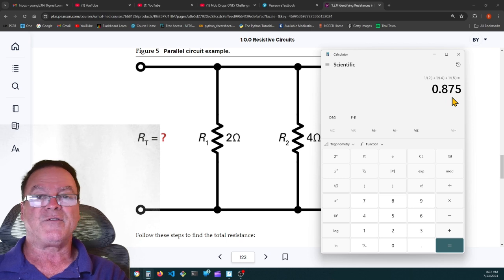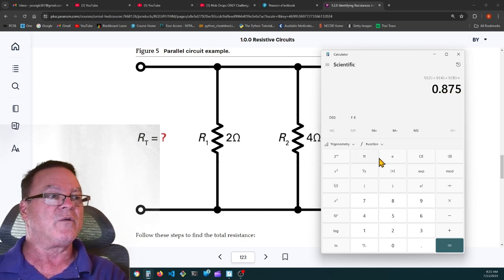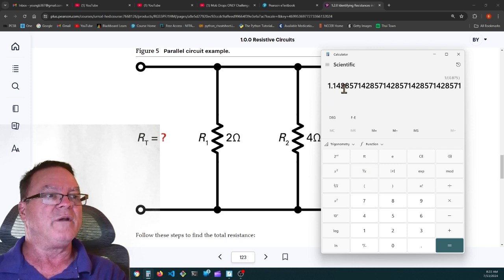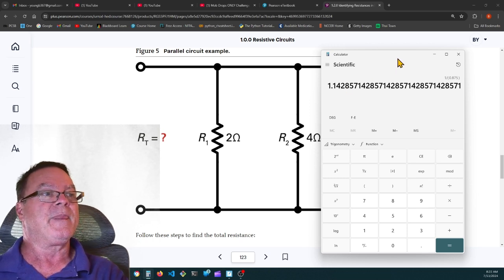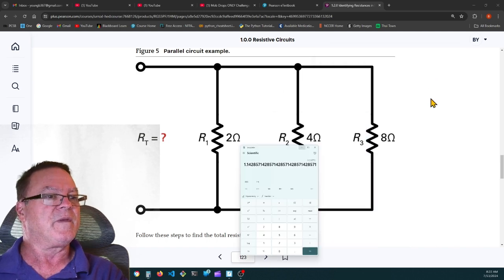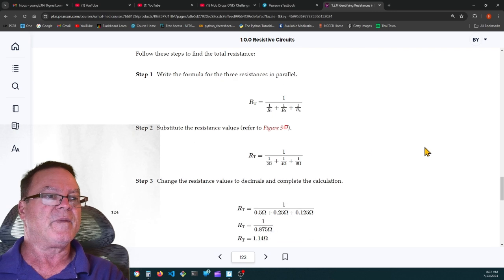Now, remember, we have to reciprocate it one last time. We have 0.875, but we're going to reciprocate one last time. And we get 1.142 as our total resistance in this circuit. All right, let's see what they got.